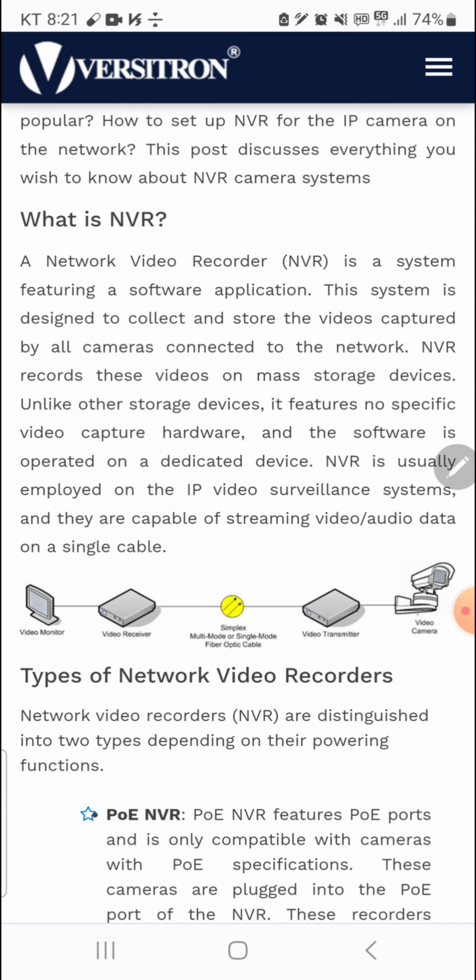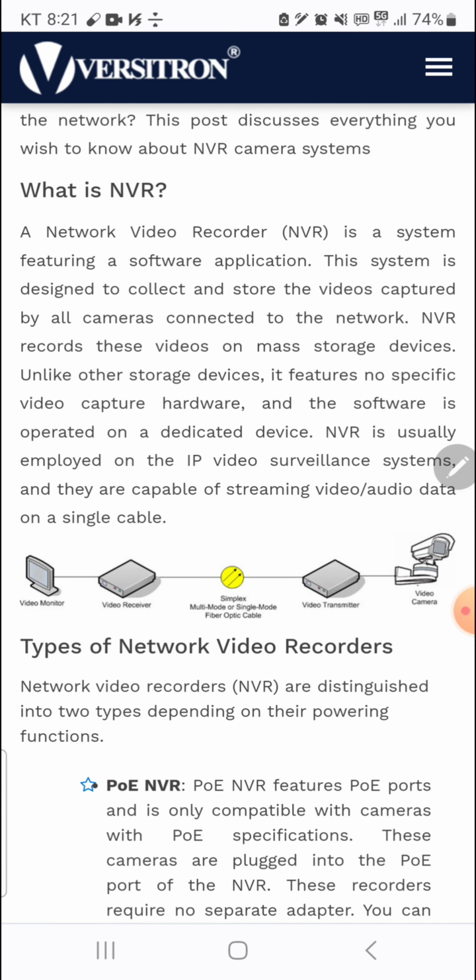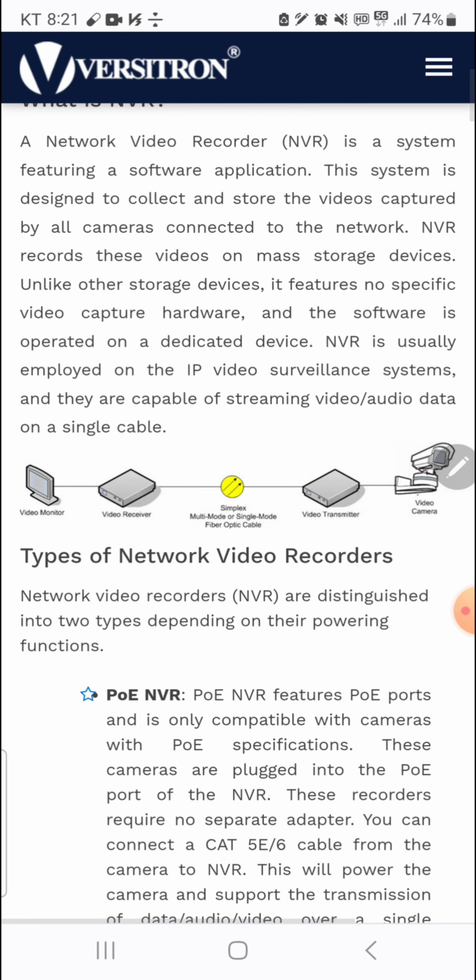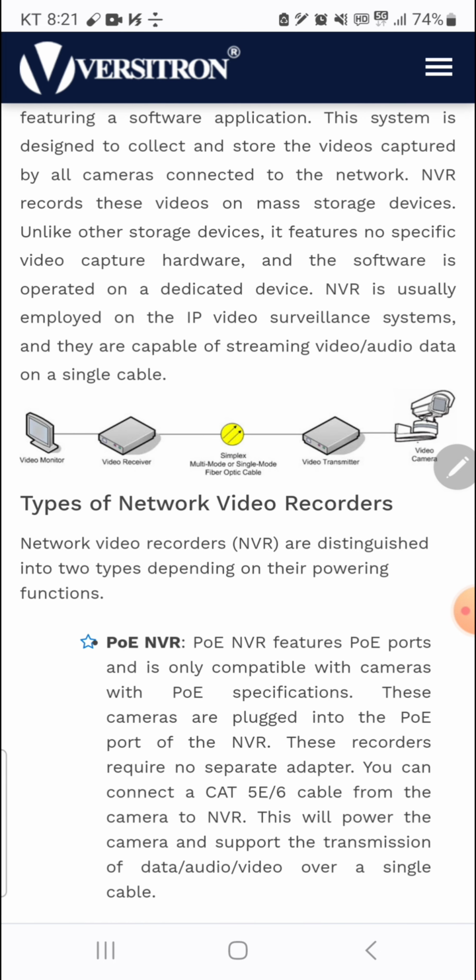NVR records these videos on mass storage devices. Unlike other storage devices, it features no specific video capture hardware, and the software is operated on a dedicated device. NVR is usually employed on the IP video surveillance systems, and they are capable of streaming video and audio data on a single cable.